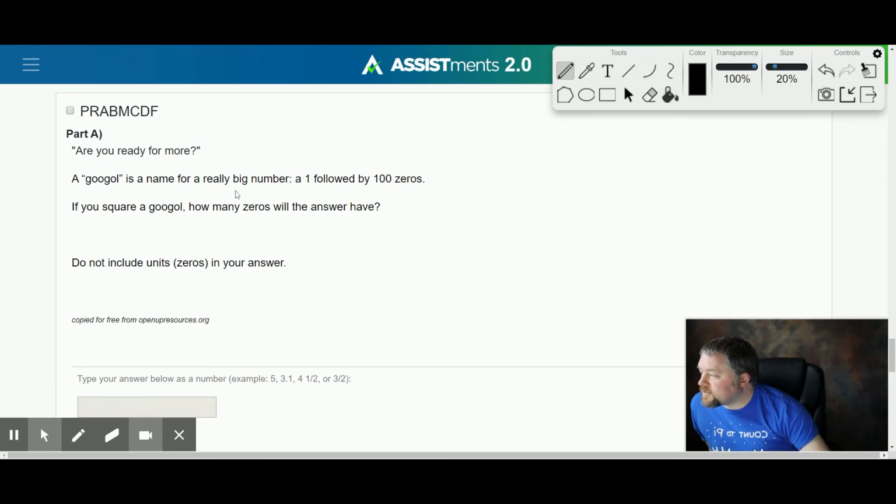A Google is the name of a really big number, a 1 followed by 100 zeros. If you square it, how many zeros will the answer have?